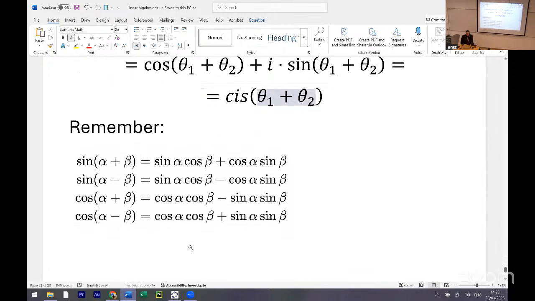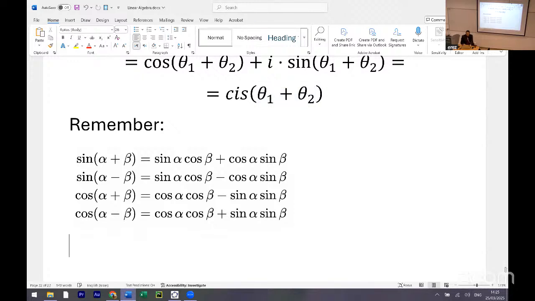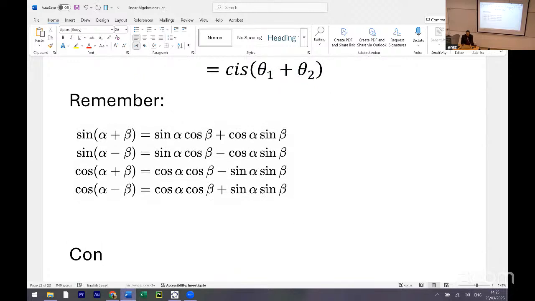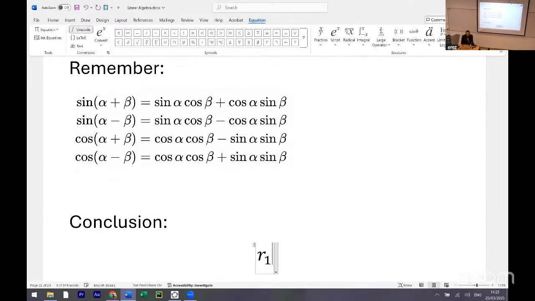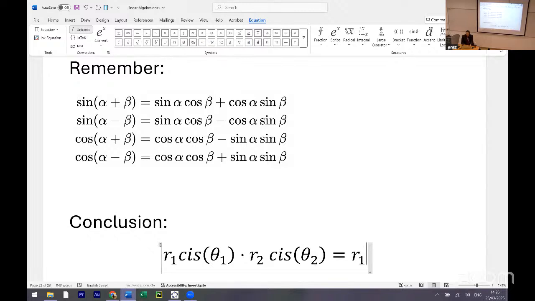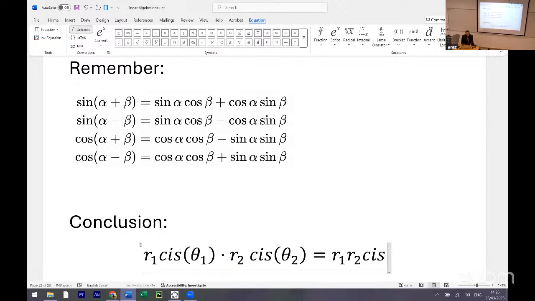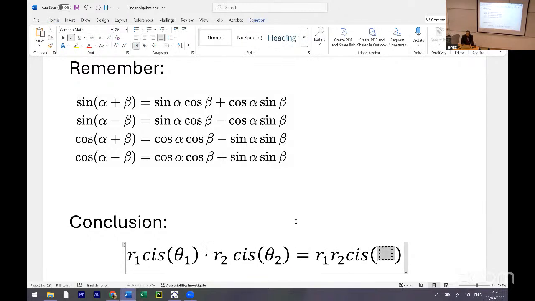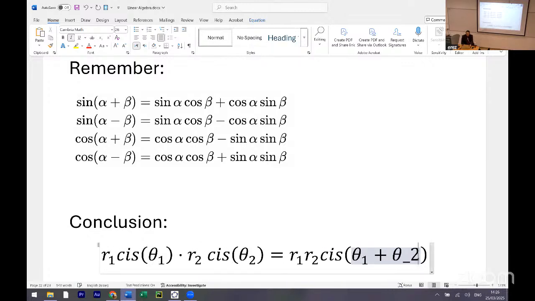So the theorem is: r1 cis theta 1 times r2 cis theta 2 is actually r1 times r2 times cis of what is the new angle? Theta 1 plus theta 2.